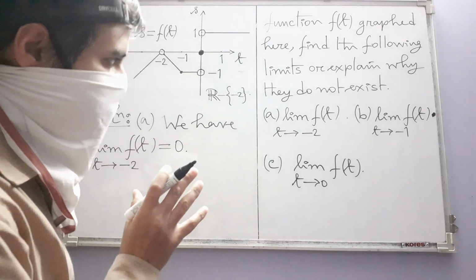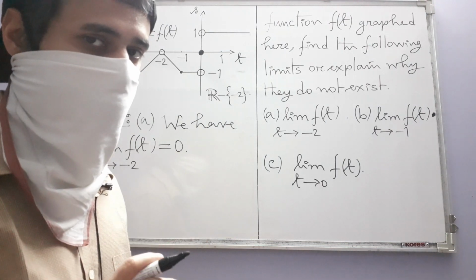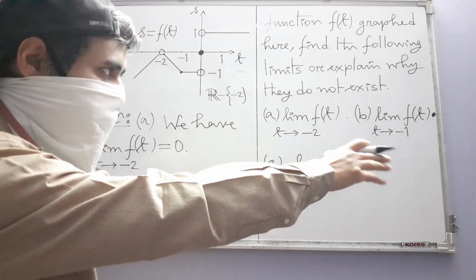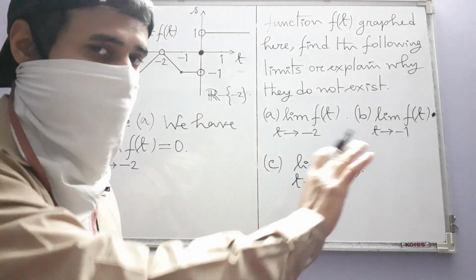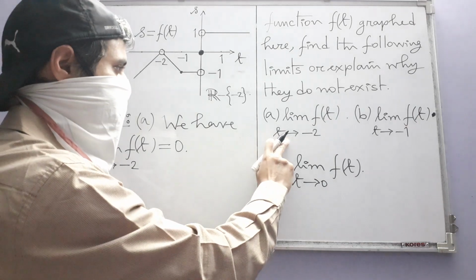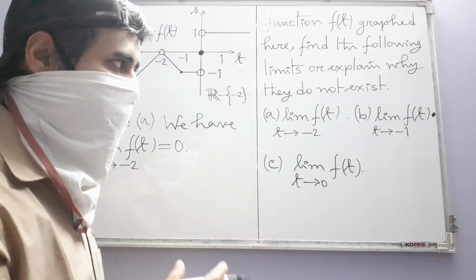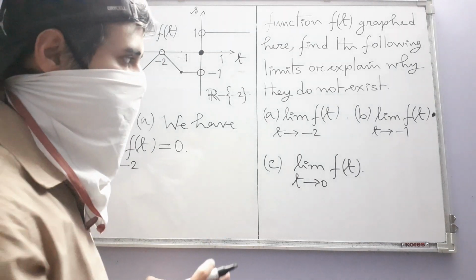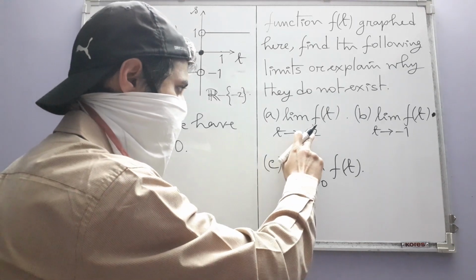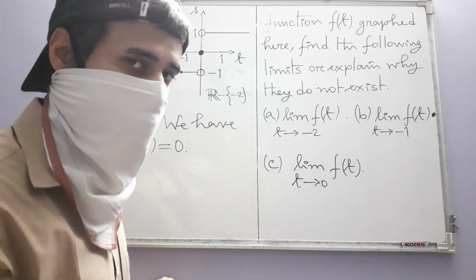And this part A emphasizes one point about limit that I was saying when we were solving the previous exercise: the limit, its existence, its value, has nothing to do with what is happening at the point towards which the independent variable is approaching.